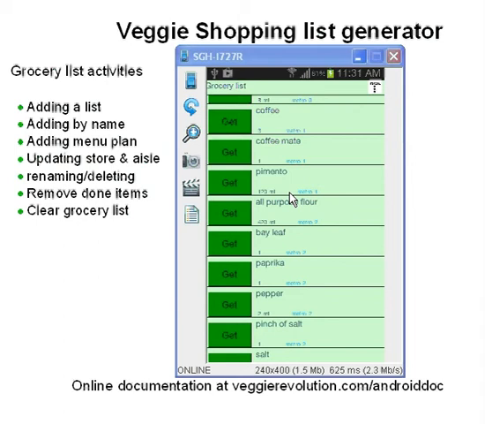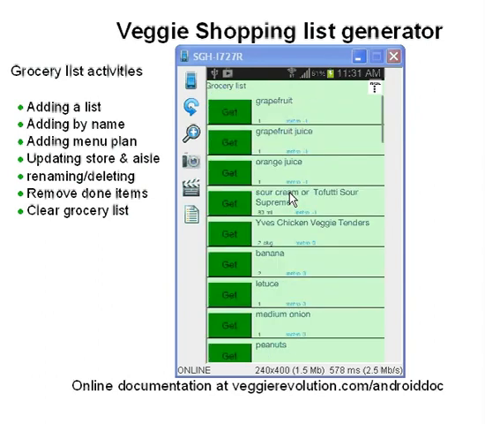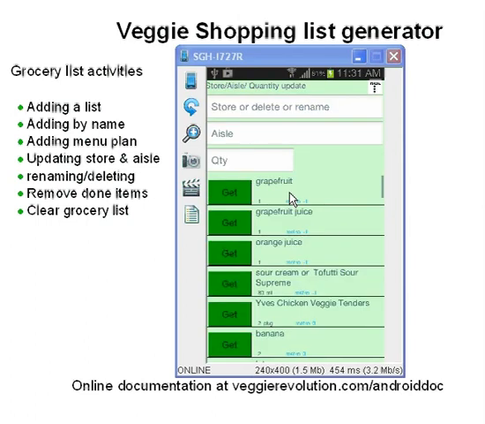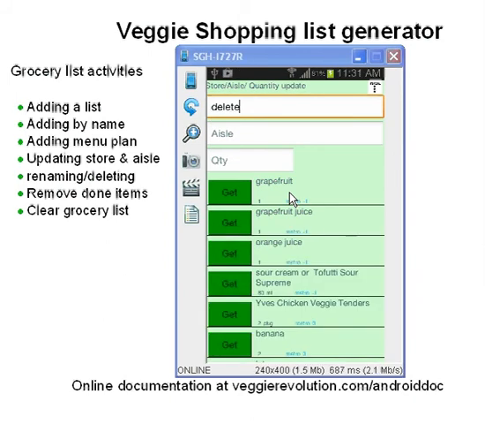And you could also, if you wanted to remove an ingredient, go into the grocery list and say delete, and I select tofu Tsar Supreme here.